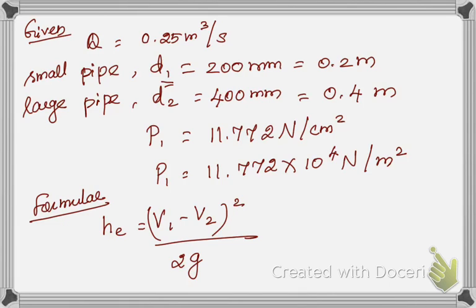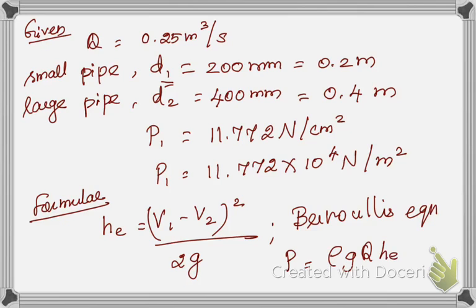For that we'll be using our Bernoulli's equation. Third one they have asked us to determine the power loss, and the equation for power loss is rho G Q HE by 1000. So these are the three formulas we are going to use in this problem.